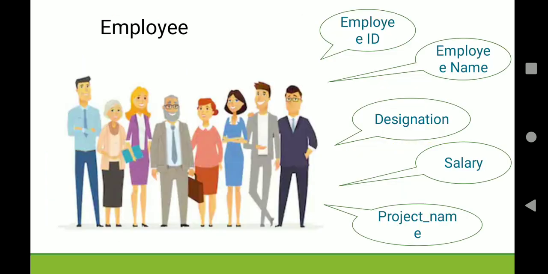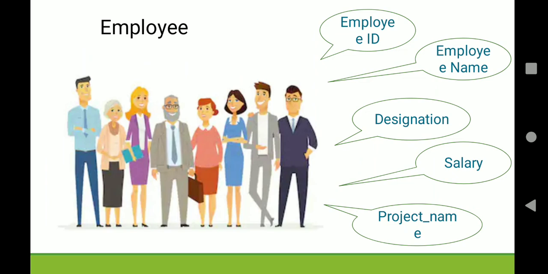Another example is employee. If we want to store the details of an employee, we may have to store employee ID, employee name, designation, salary, project name, etc. In that case also, the basic data types like integer, float, character, etc. may not help.